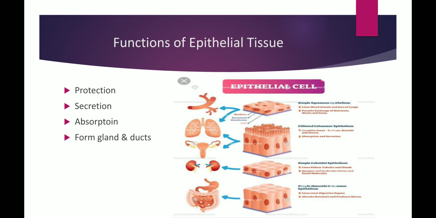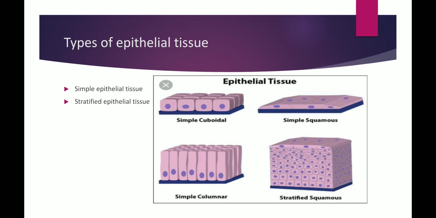The simple epithelial tissue is differentiated into different types, for example, squamous epithelial tissue, columnar epithelial tissue, ciliated epithelial tissue, sensory epithelial tissue and glandular epithelial tissue. It is differentiated into these types based on the structure or shape of the cell.